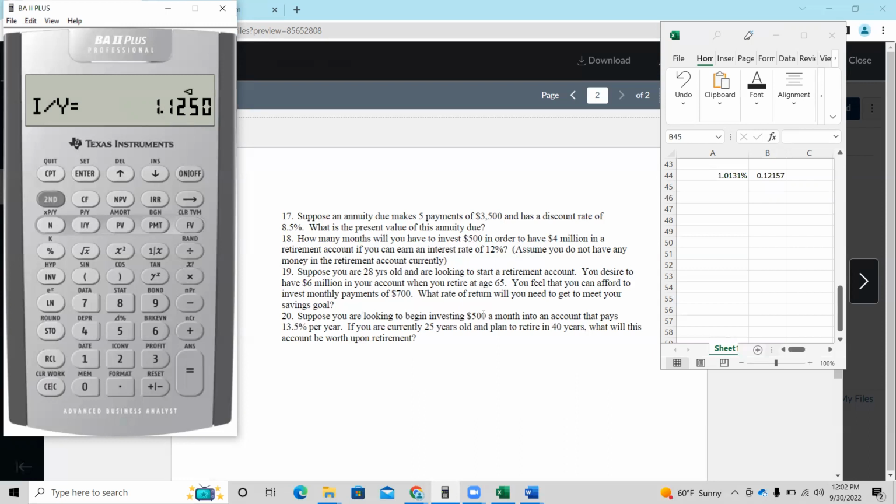And I'm going to retire when I'm 40 years from now. I'm not going to type in 40 here and put it in the number of time periods. I've got to multiply that by 12 because I'm going to make this payment 480 times. Compute future value. If I invest $500 into an account that pays 13.5% per year over a 40-year time period, I'm going to have $9.5 million upon retirement.